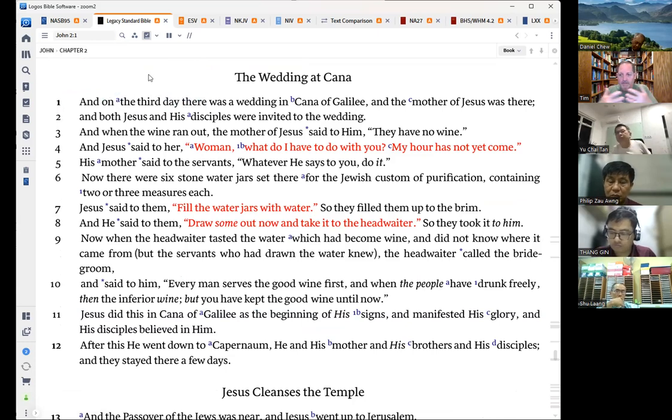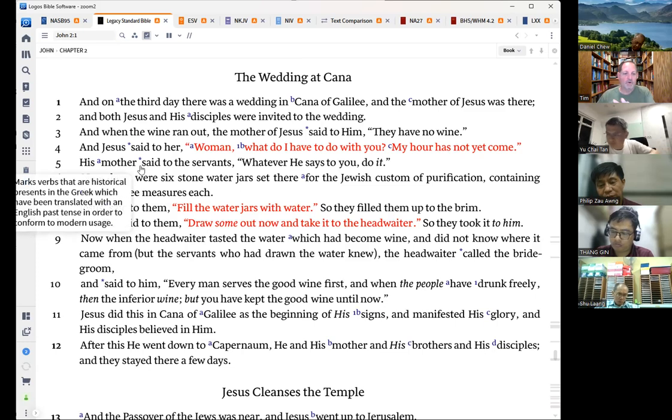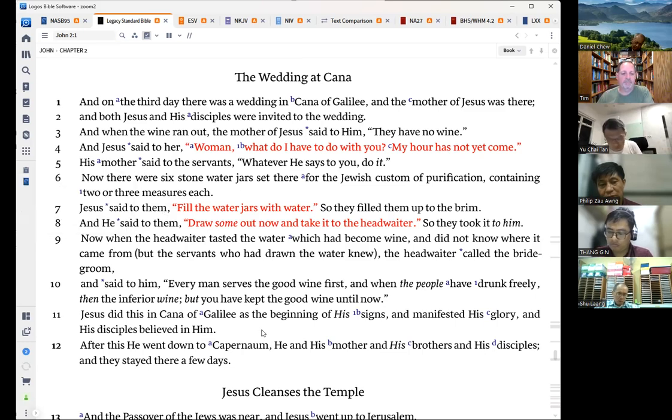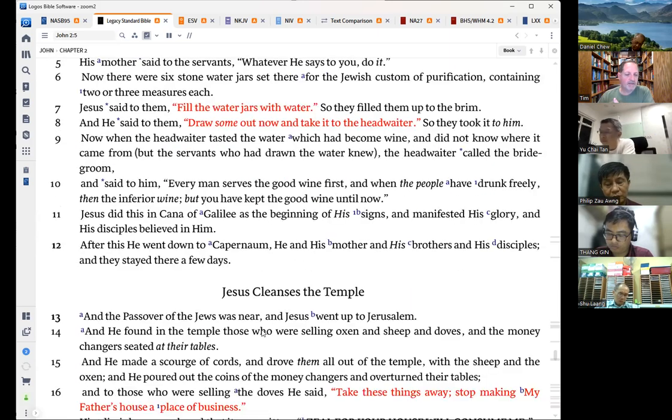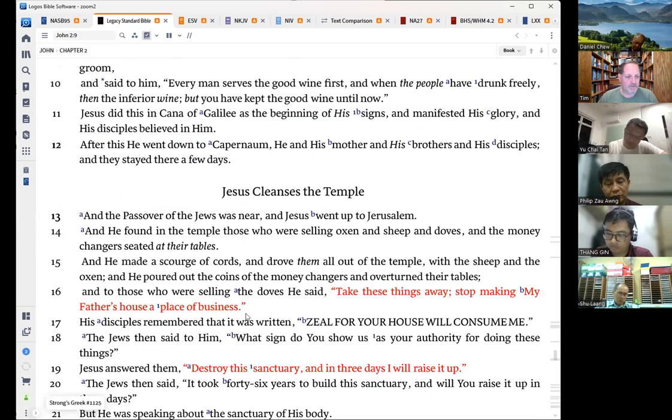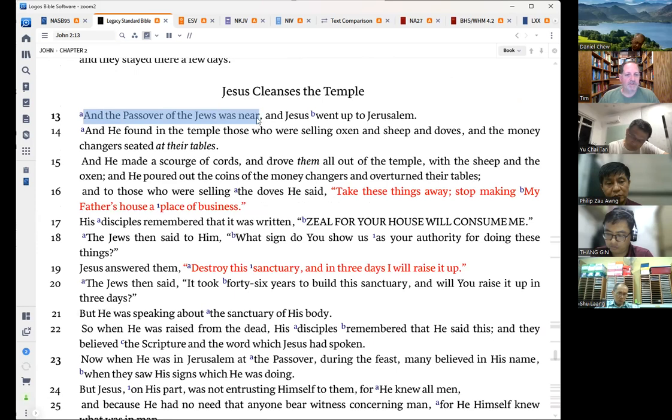So there's a link to these stories being put together, but to know what that link is, we have to understand the story first. So we understand the first story in John 1, that's the identity of Christ. The second story is then his first sign to verify that identity. But then we get to verse 13, and it's just "and the Passover was near, and Jesus went to Jerusalem."